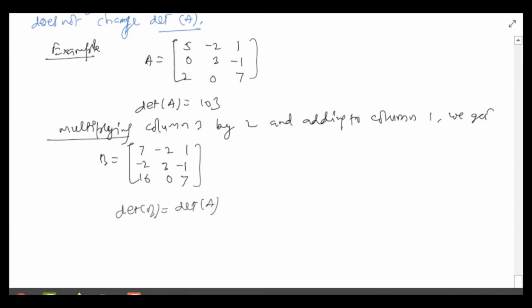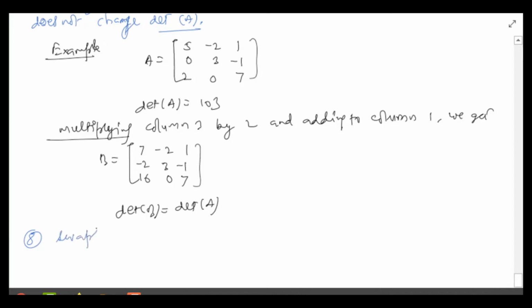Let's see another property that says that swapping two rows or two columns of matrix A merely changes the sign of the determinant. The absolute value remains fixed.